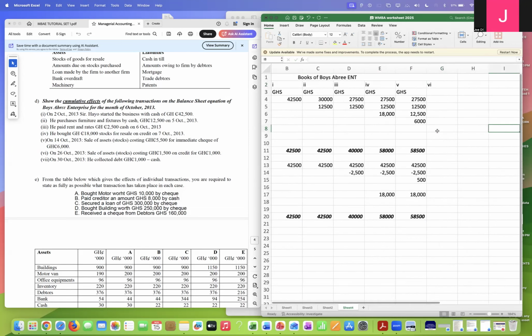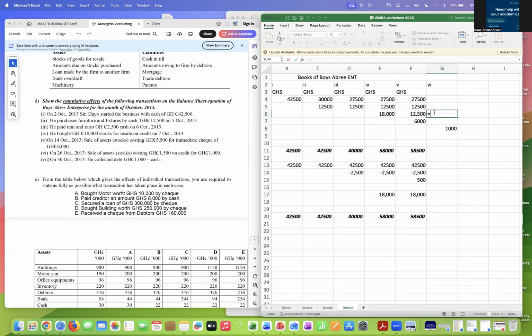All right. So we sold this item costing 1,500 to our debtors for 1,000 Ghana cedis. So the new asset that comes in is 1,000. Meanwhile, our inventory will reduce by 1,500, right? That is all what happened.